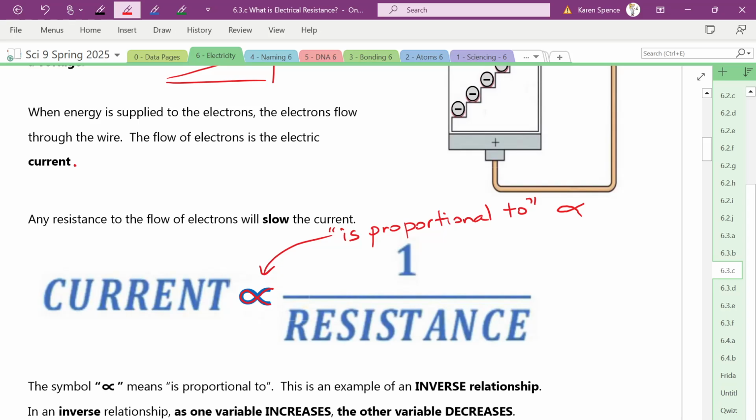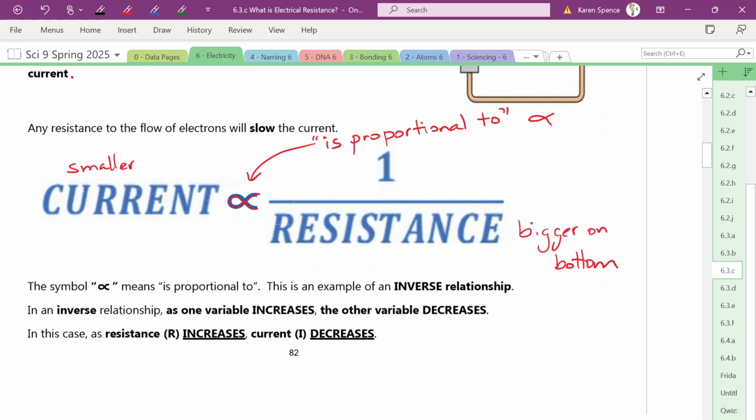And what is proportional to means: as resistance increases, current changes as 1 over resistance. So as resistance gets bigger, current is going to get smaller. Because if you get a bigger number on the bottom, then this number becomes smaller. Does that make sense? Okay. This is what we call an inverse relationship.